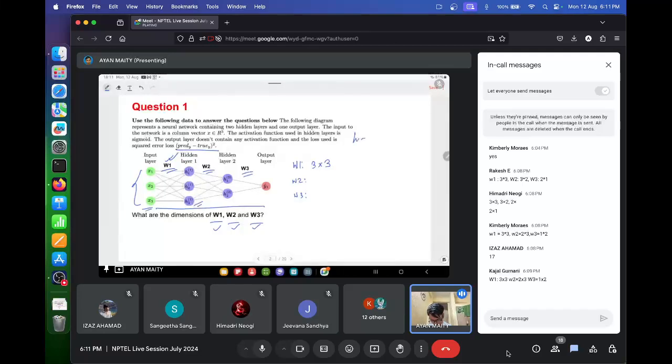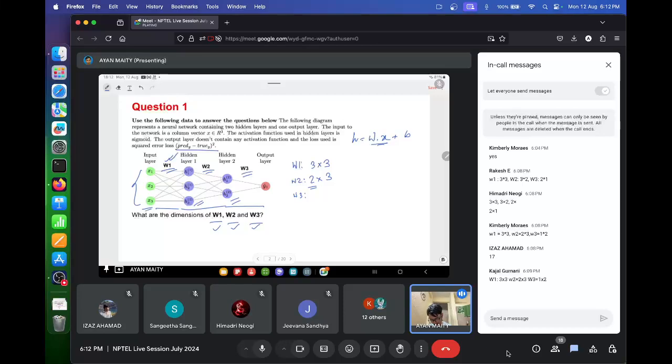H equals W into X plus B. So this matrix multiplication W into X should be compatible. For that, W2 is actually 2 by 3, two units in the next layer and three in the previous layer.